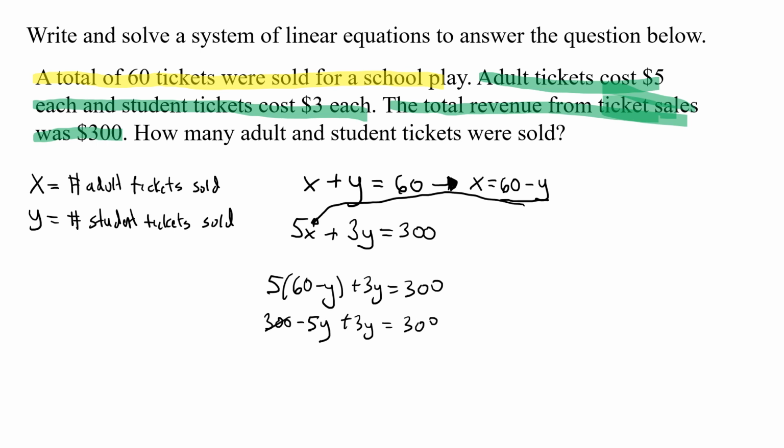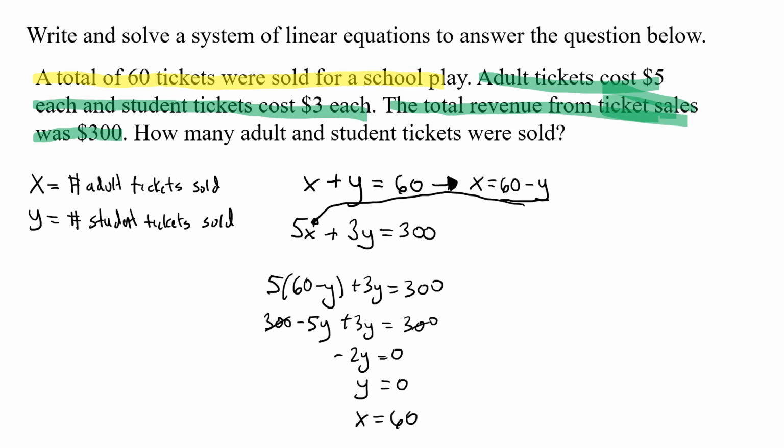The 300s are going to cancel because they're the same thing. So we get negative 5y plus 3y is negative 2y, and I'll get 0, so y is 0. So it looks like we sold 0 student tickets here. So we're going to plug that in. So y is 0, that means x is 60.